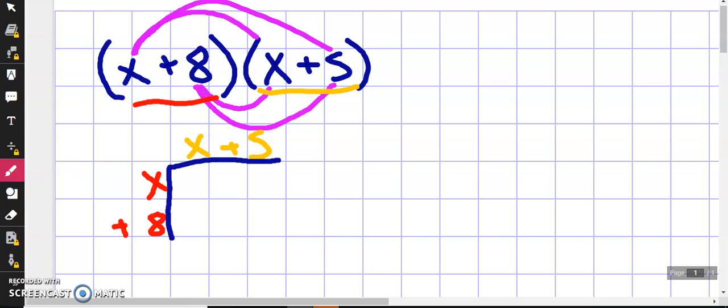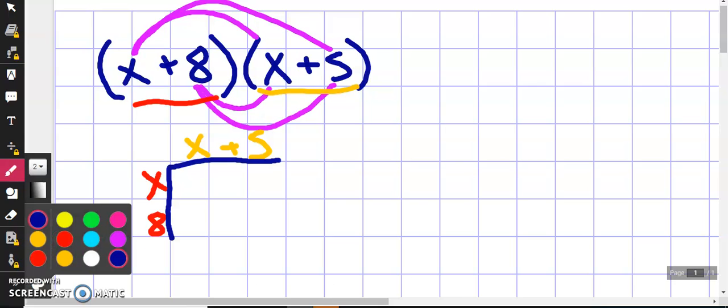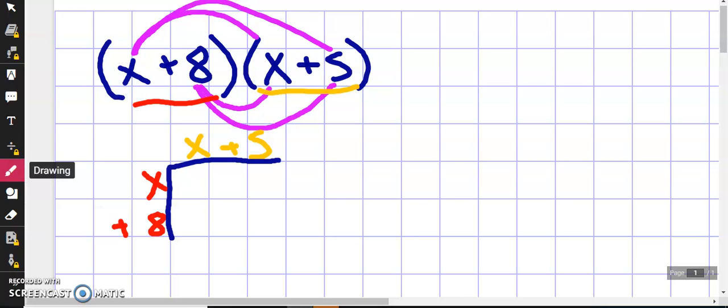And so what we're going to do is first distribute the x to the x plus 5. So x times x gives me x to the power of 2. x times 5 gives me positive 5x.